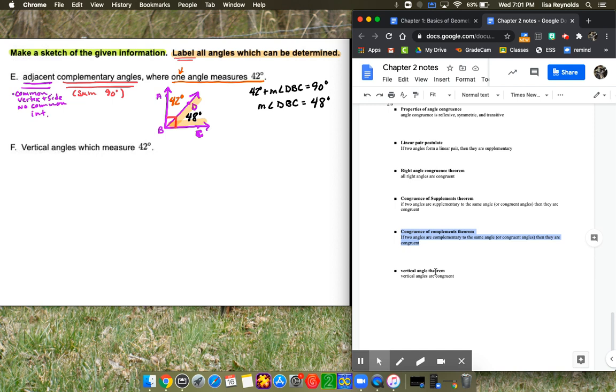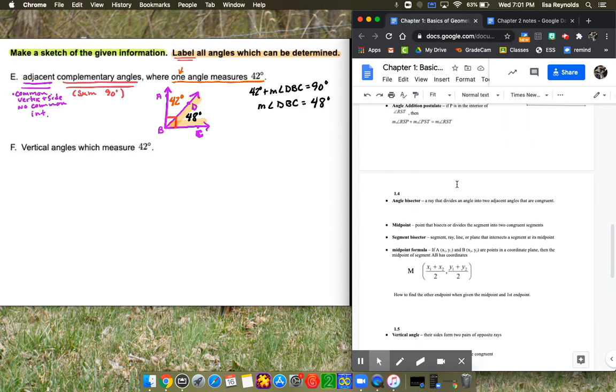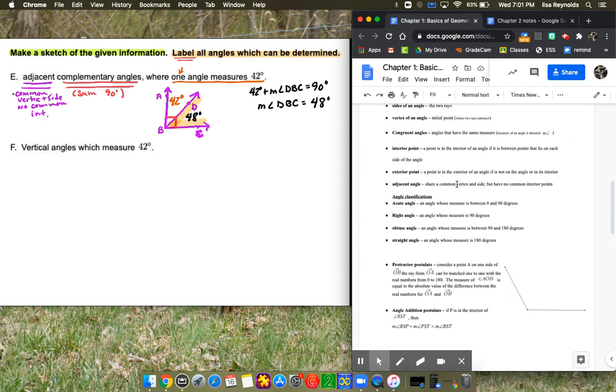So now we actually have all of the pieces of this diagram labeled using our definitions from chapter 1, about what it meant to be adjacent angles and what it meant to be complementary. So we used our definition of adjacent and our definition of complementary in order to do this.